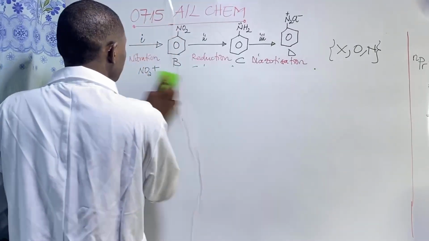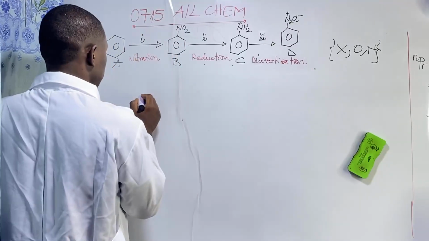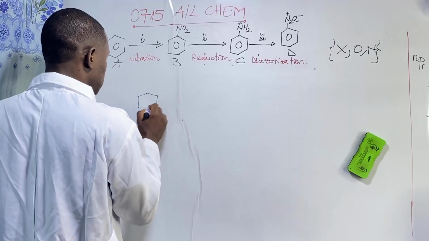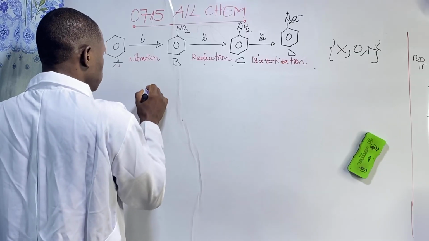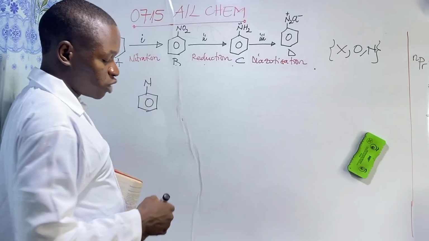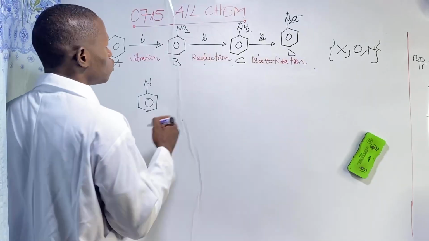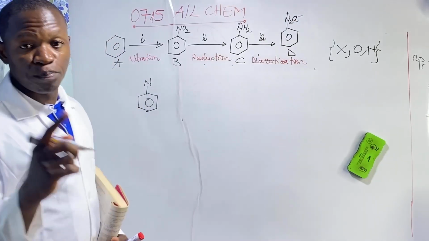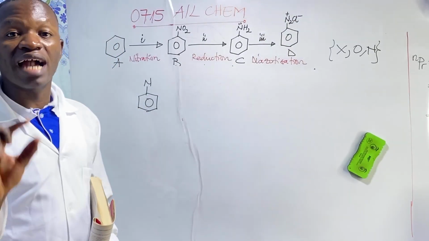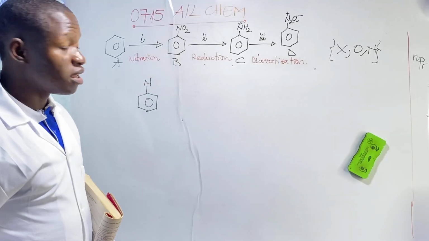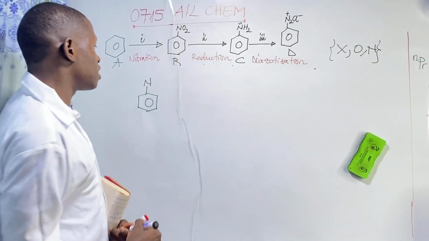So our benzene diazonium chloride, this is benzene diazonium chloride, right? To write the full structure, the positive charge is found on the nitrogen atom that is bonded to the benzene ring.